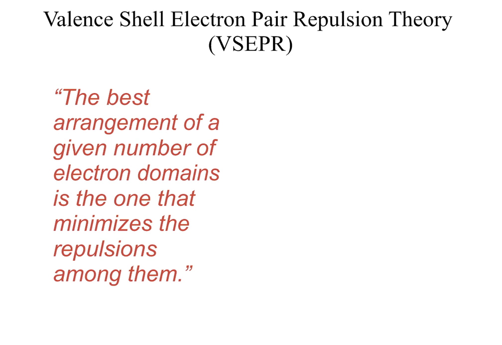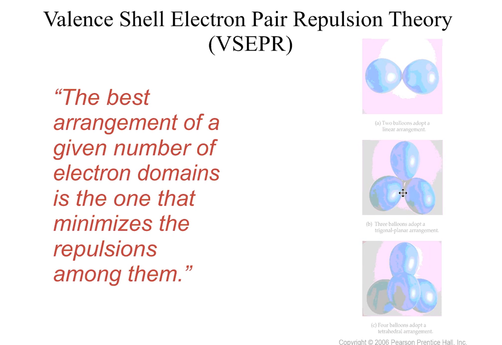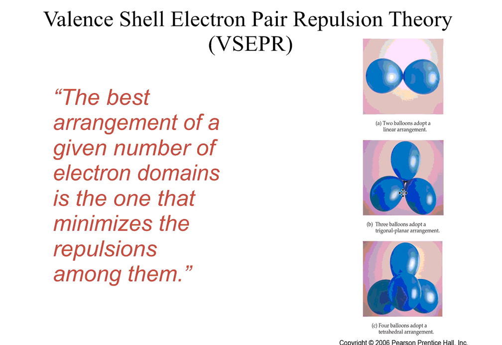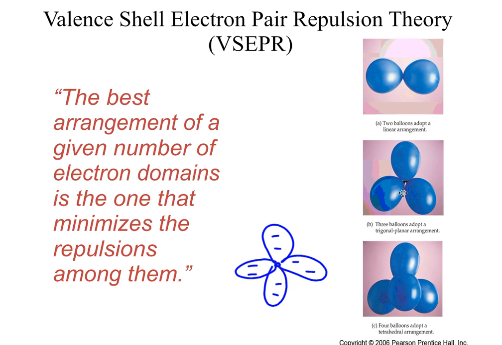So here are the first 2, using balloons to kind of see what this looks like, and the tetrahedral that's down at the bottom here. Where we might get confused is thinking that in a tetrahedral, if you put 4 electron domains around it, you might be tempted to do something like this. But the problem there is that you're not considering this in 3-dimensional shape. In 3 dimensions, we're not going to have that type of structure.